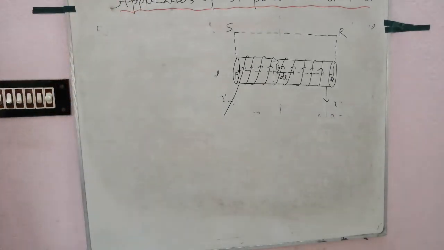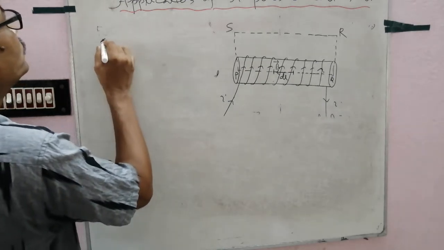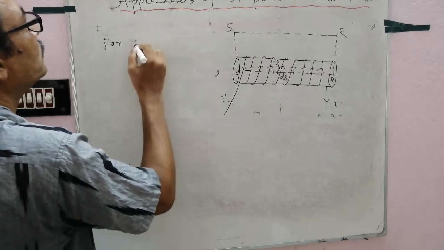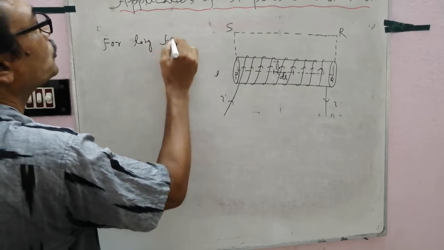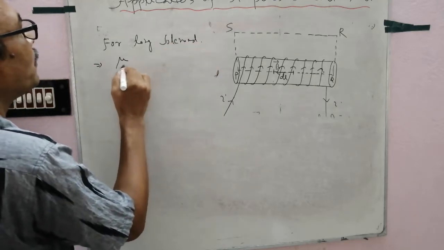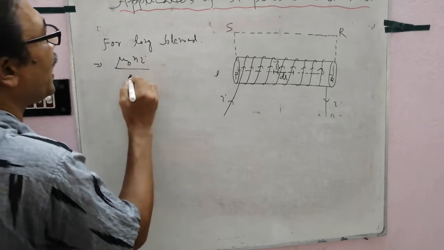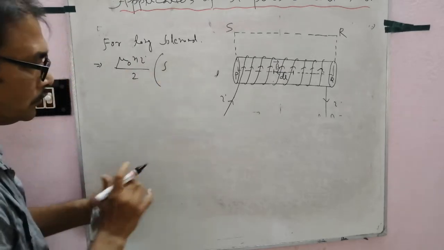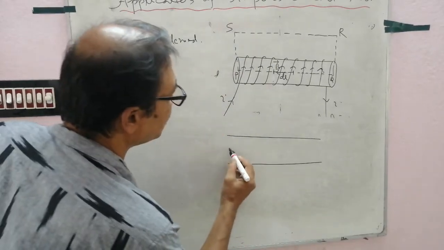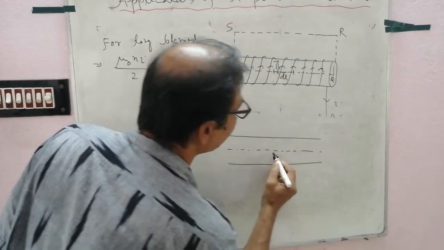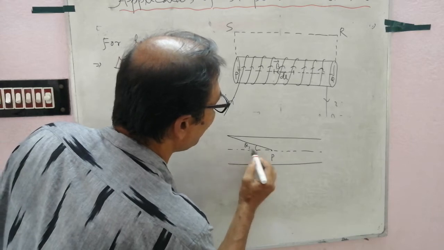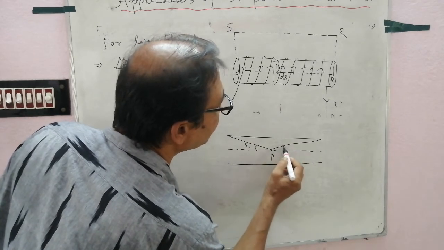For a long solenoid, the field at the center is mu 0 n I by 2. Suppose this is a solenoid, okay? This is the axis. Here is the point P, with this angle theta 1 and this angle theta 2.